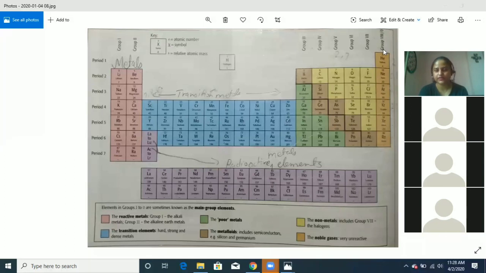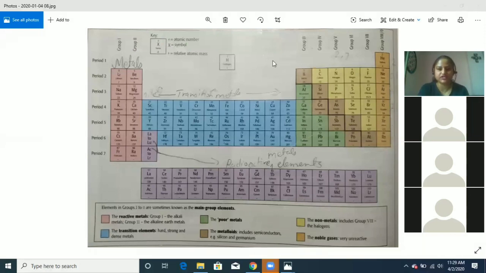The last group, as you can see, group 8, has 0 also written. This group 8 or group 0 is the noble gas group or inert gas group. This group 7 is the halogen group, or fluorine family, we can say. Then group 3, group 4, group 5, group 6. In our syllabus we have group 1, group 2, group 7 and group 8.